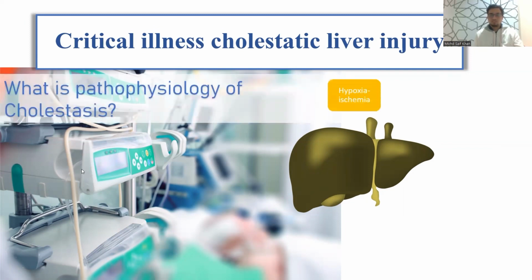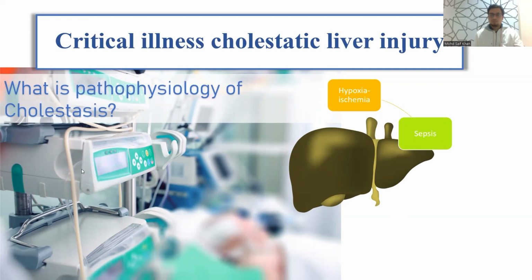So the first is ischemic cholestasis, or hypoxia that can lead to cholestasis. The second common cause is sepsis. Sepsis is also an important cause of cholestasis because it alters the microvascular flow in the liver. Okay, so that is important. We will talk about sepsis more in a subsequent slide.